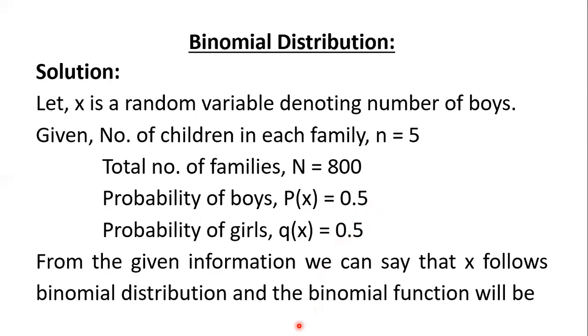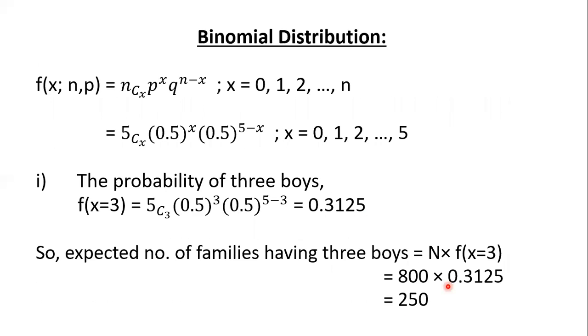So it follows a binomial distribution, and the binomial function will be f(x) = nCx p^x q^(n−x). Here x = 0, 1, 2 up to n, where n is less than 30.